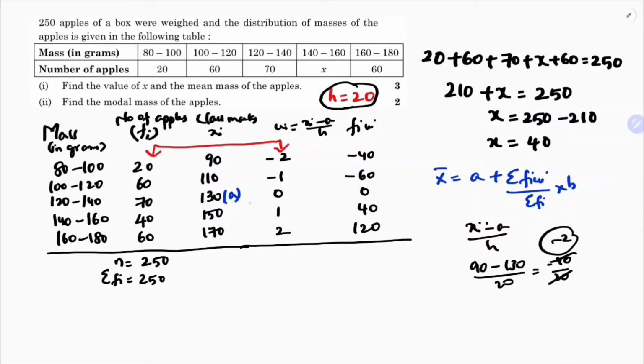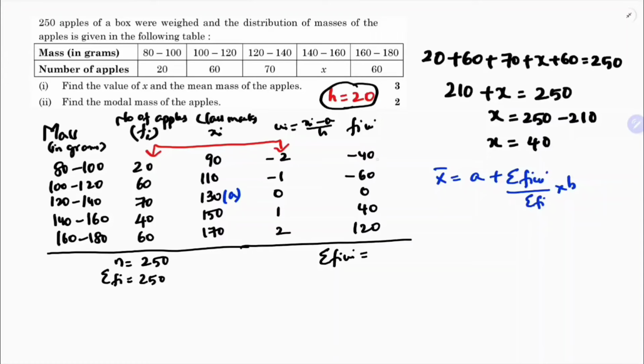Wherever you assume A, beside that just take 0, up you take minus 1, minus 2, down 1, 2, 3 if you have more values. So easily you can solve the problem with the Ui method. Now the summation of Fi Ui: 40 and minus 40 cancel, 120 minus 60 is 60.